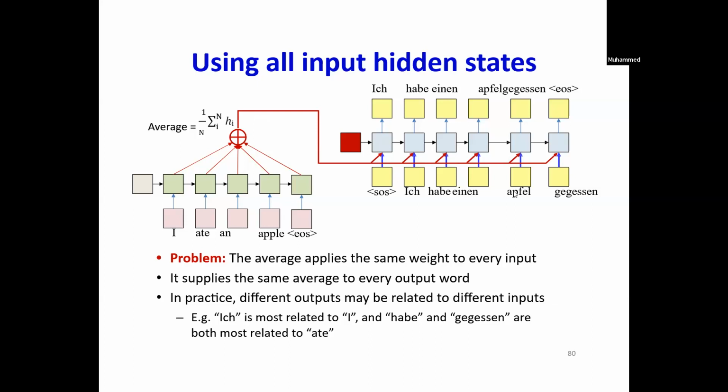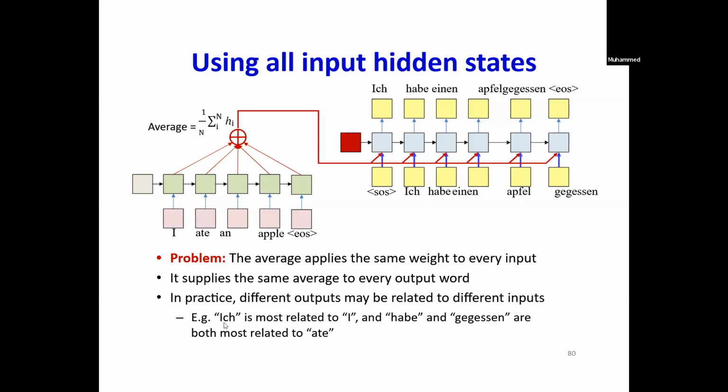But there's a problem with this approach as well. The average assumes that each word in the input has the same impact on the output at each time step. An example is given here.